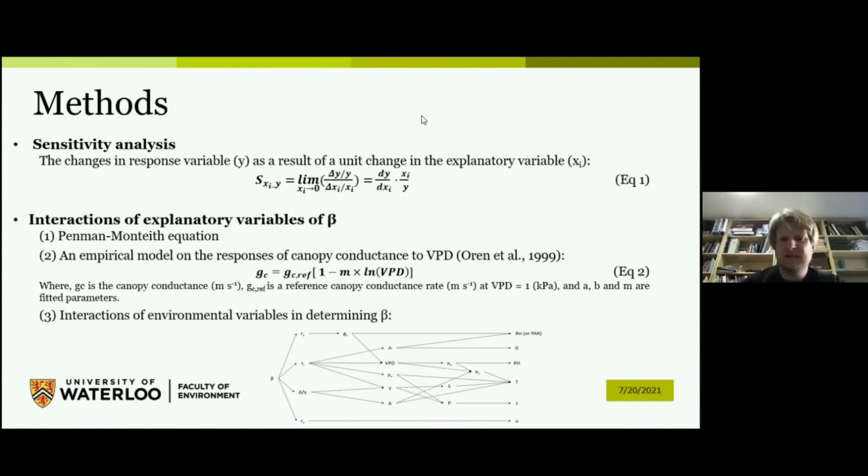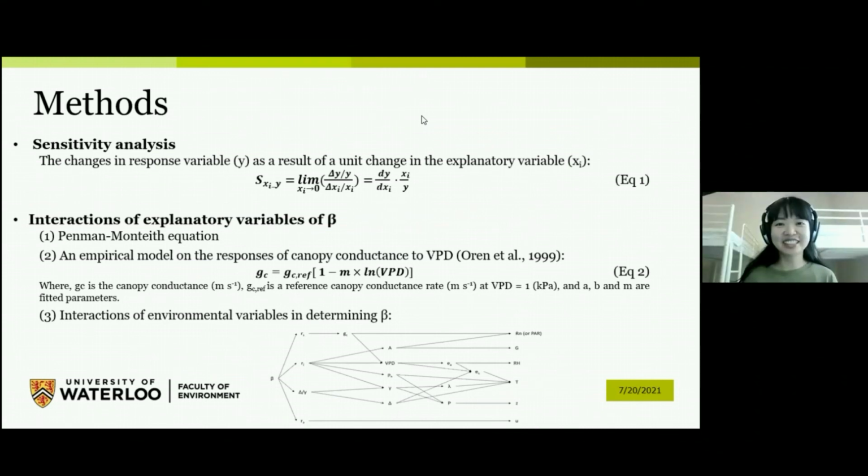I see. So basically what you're saying is that you can improve your models through the sensitivity analysis somehow. Yeah. Okay.